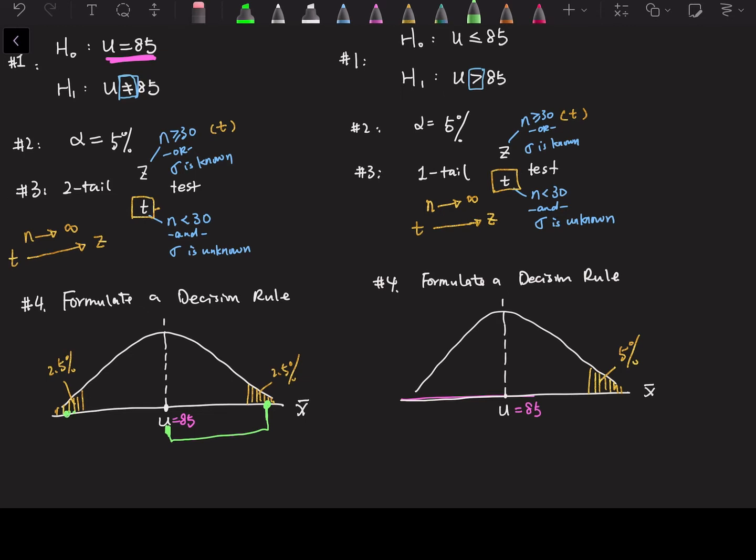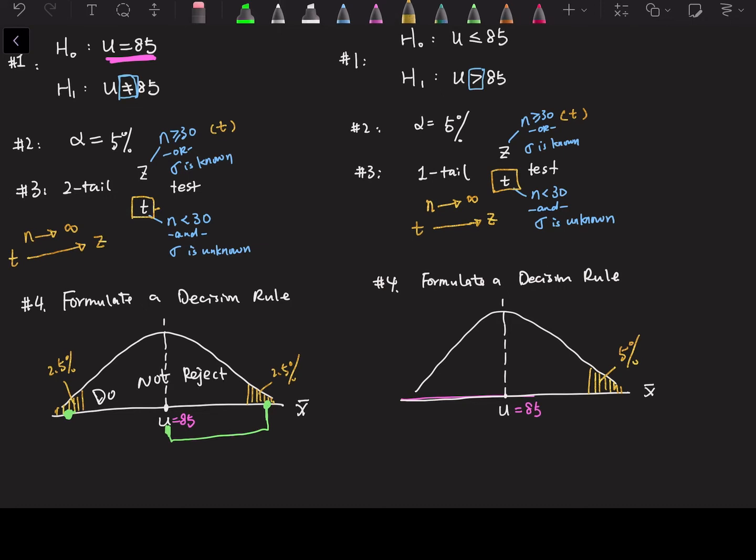In other words, if the null hypothesis of 85 is true, it is very unlikely, a 5% probability, that you randomly select a sample and compute a sample mean this large or this small. In other words, you will reject the null hypothesis. And this area will be do not reject the null hypothesis.